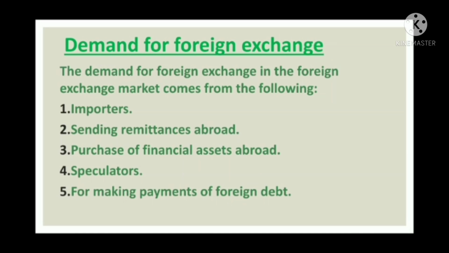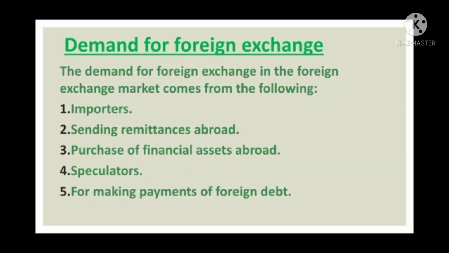So point number 1 is importers. Importers of a country purchase foreign goods and services. They would then need to pay in foreign currency. Point number 2 is sending remittance abroad. Foreign exchange is also demanded for sending remittance abroad. Point number 3 is purchase of financial assets abroad.